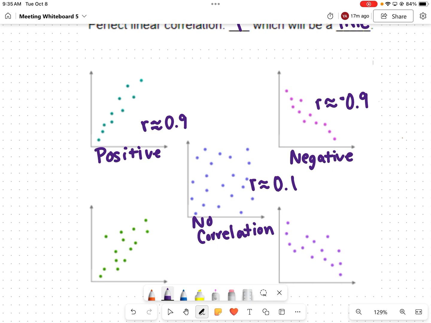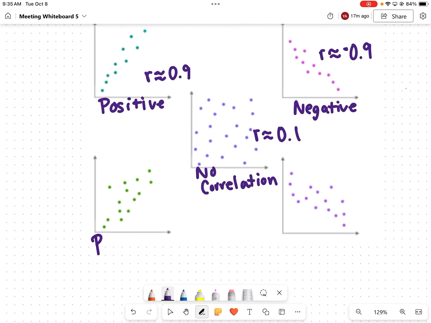Okay, the green one on the far left is more scattered out than the one right above it, but it's still positive. So let's write positive on it because it is going uphill, but it's just not as strong. So it's kind of a weak correlation. So r is going to be, I'd say, closer to 0.5.